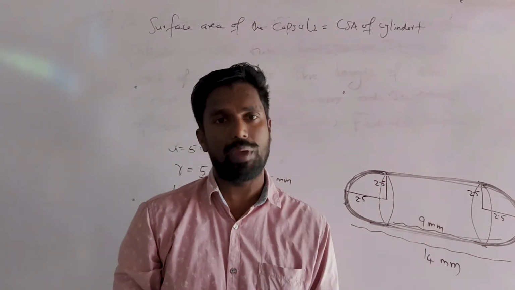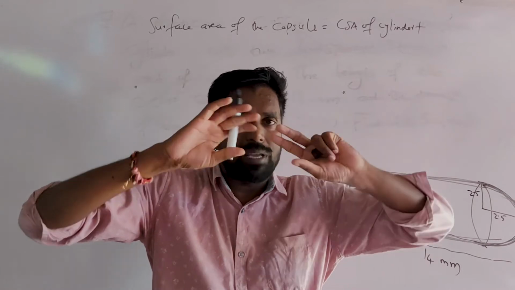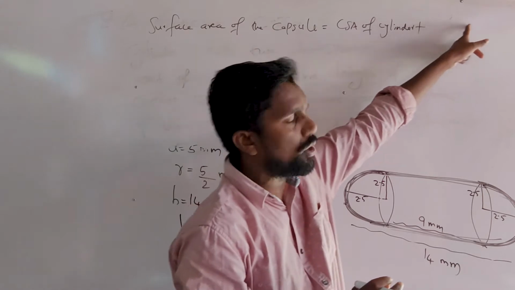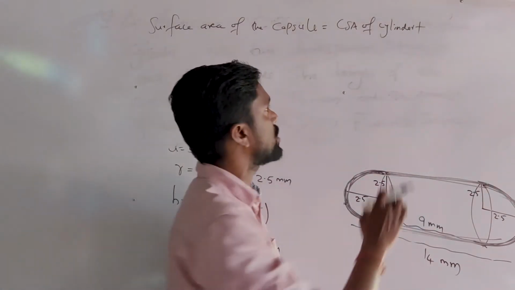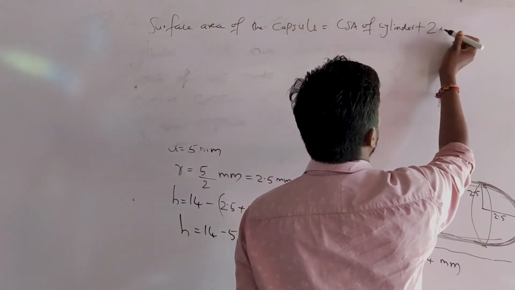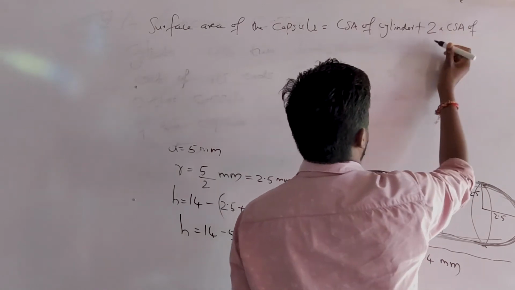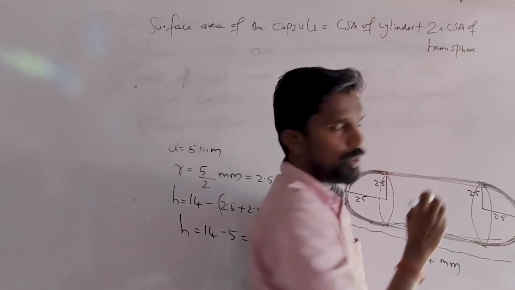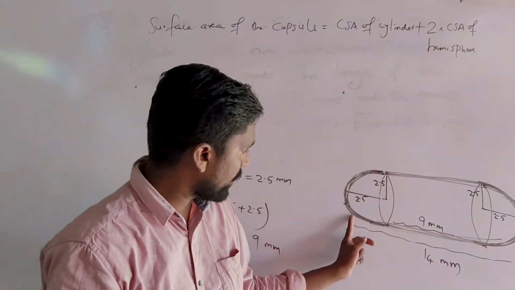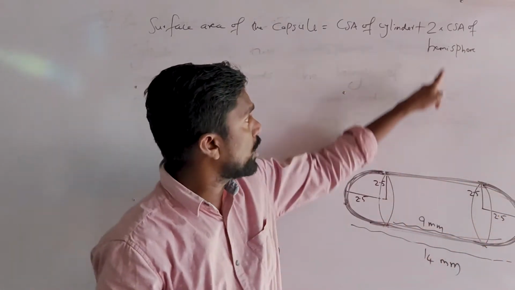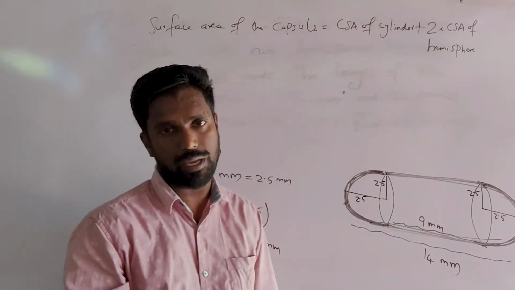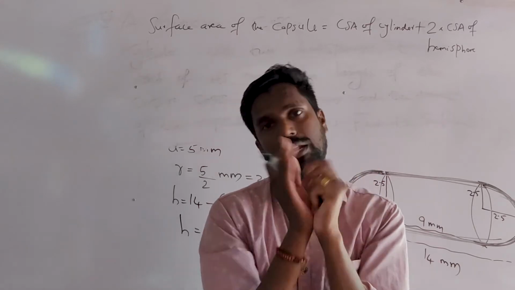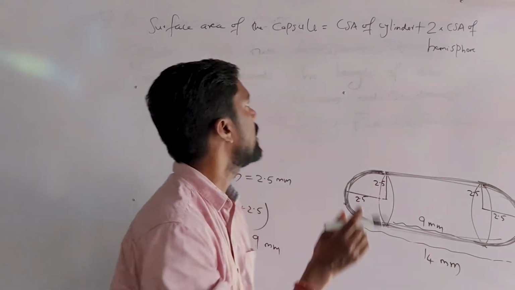That you can do in 2 ways. 2 hemispheres attached means one sphere, so you can write CSA of cylinder plus CSA of sphere. Otherwise you can write CSA of cylinder plus 2 into CSA of hemisphere. Both are correct. 2 hemispheres joined together give you a sphere. No problem.